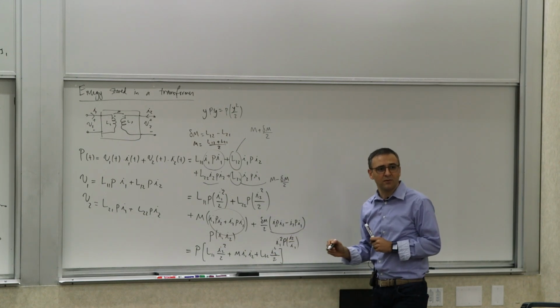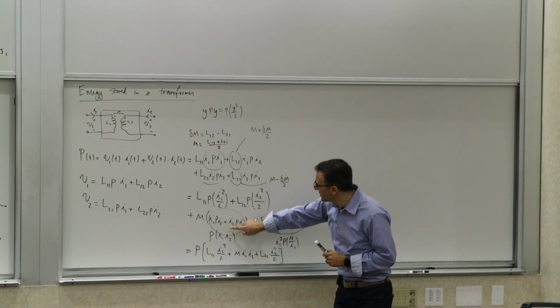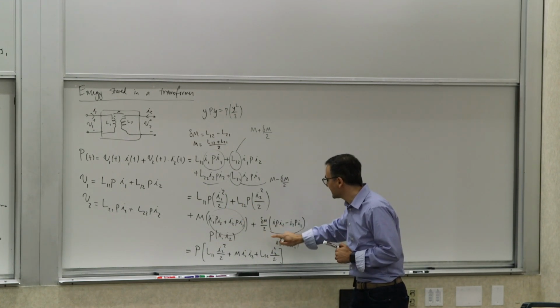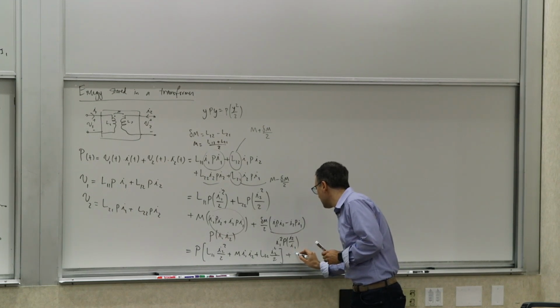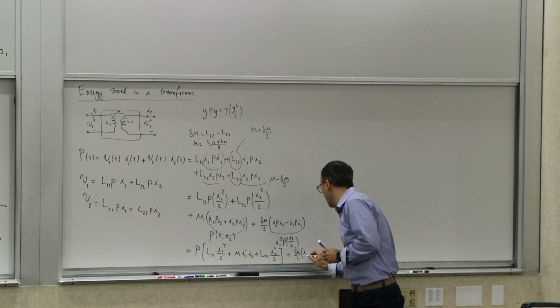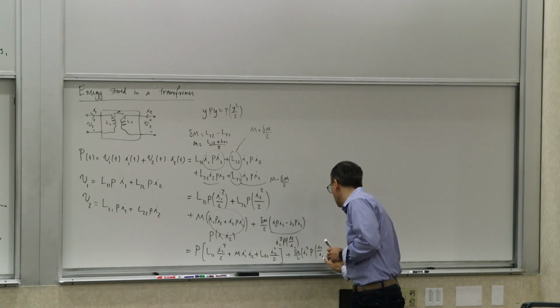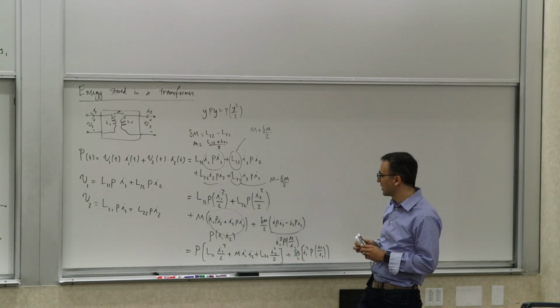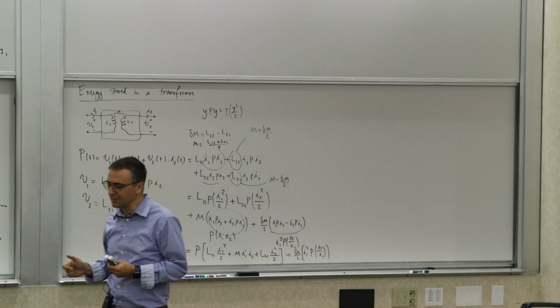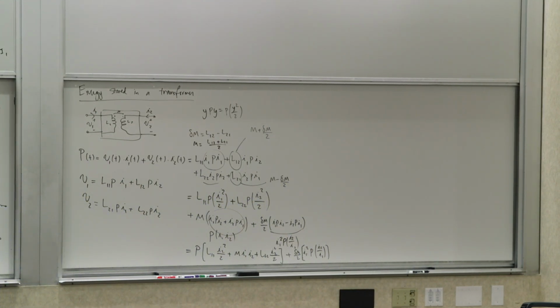So this is the derivative of all these three. It's this term plus these two terms. This last term, I'll keep it separate, so I will write it as delta m over 2 I1 squared times the derivative of I2 over I1. Okay? So you have these three terms in the beginning, and then you have that delta term.